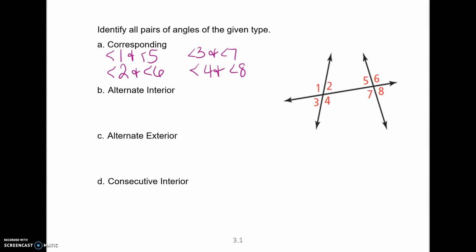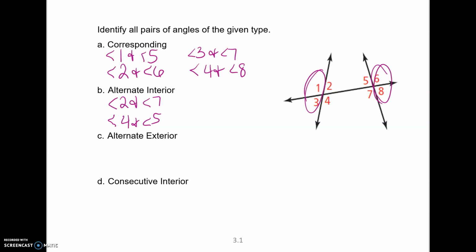Then you're going to have your alternate interior. So I'm thinking inside my lines and opposite sides of the line. So I have 2 and 7 and 4 and 5. Then I have alternate exterior.